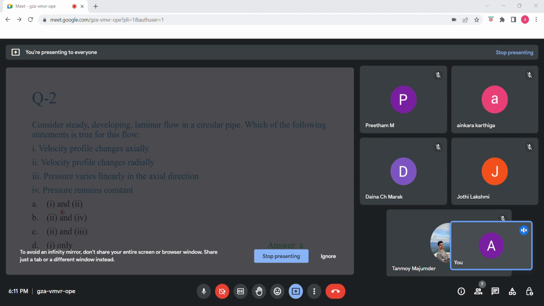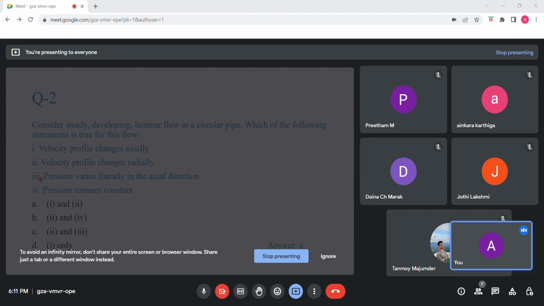So the next question is: consider a steady developing laminar flow in a circular pipe. Which of the following statements is true for this flow? Option 1: the velocity profile changes axially. Option 2: the velocity profile changes radially.